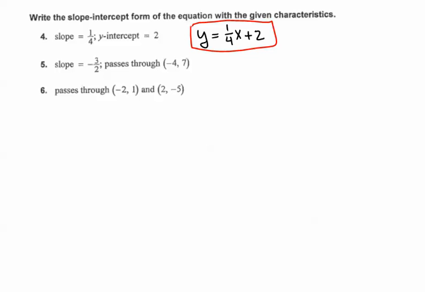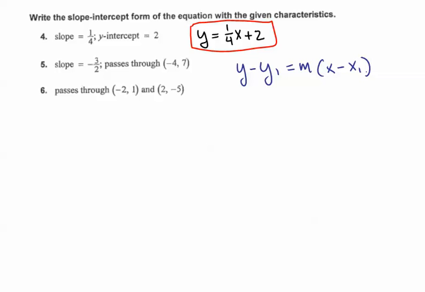Number 5, we have a slope and we have a point, and we want to write this in slope-intercept form. When we have a slope and a point, we're first going to write the equation in point-slope form. We have a point, we have a slope, we put it into point-slope form.